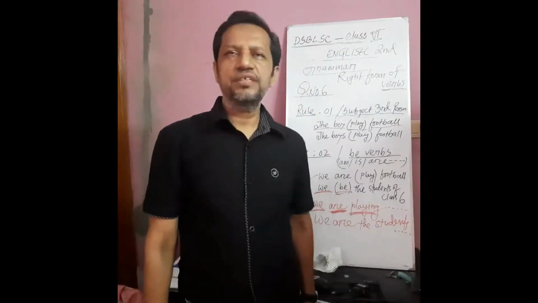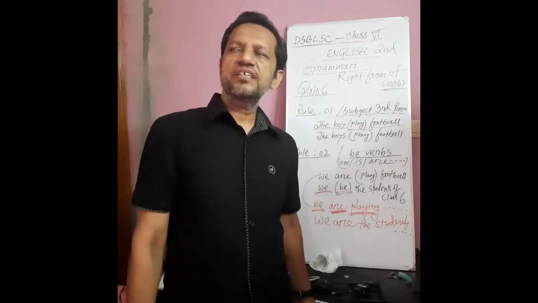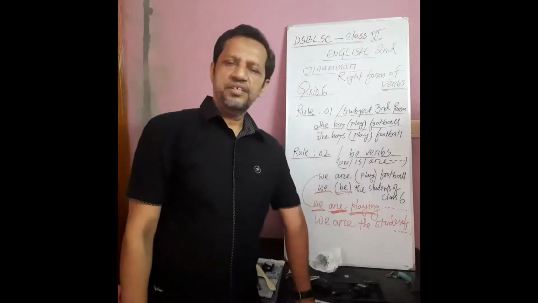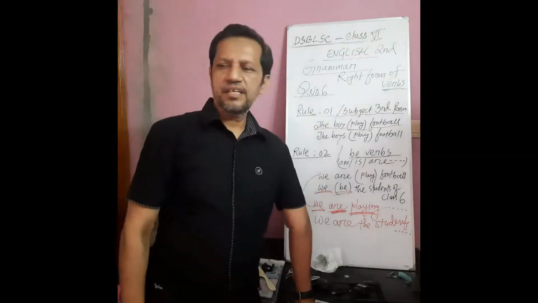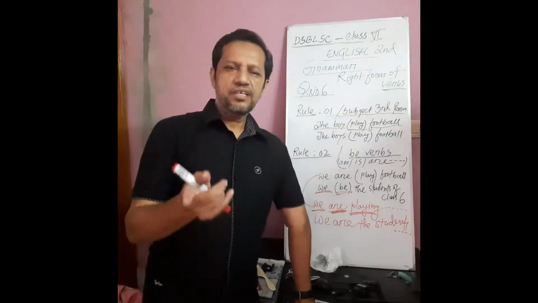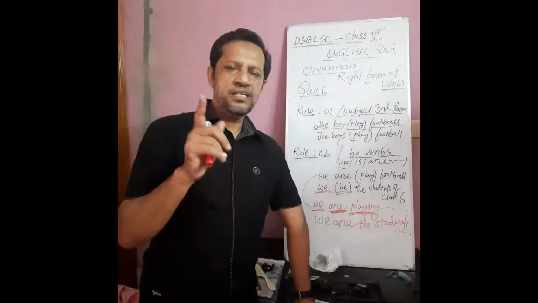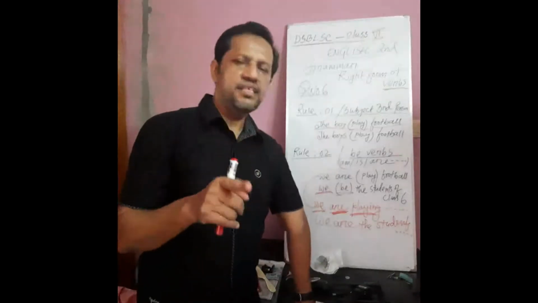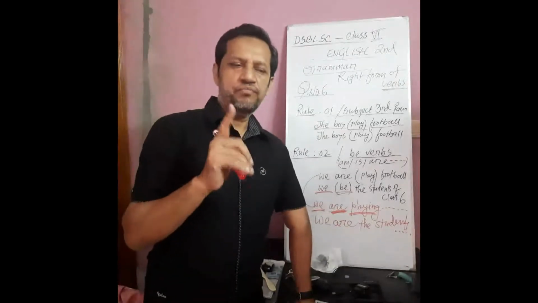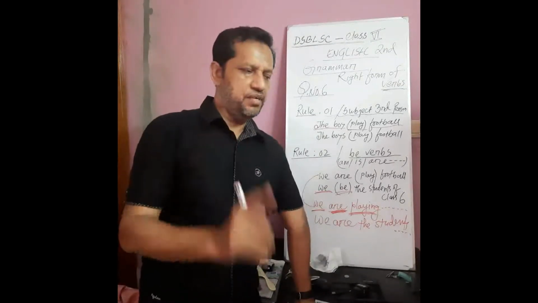Also, my dear student, in the future tense you can use the be verb. You can say, I shall be a teacher in future. Here be is actually the main verb.